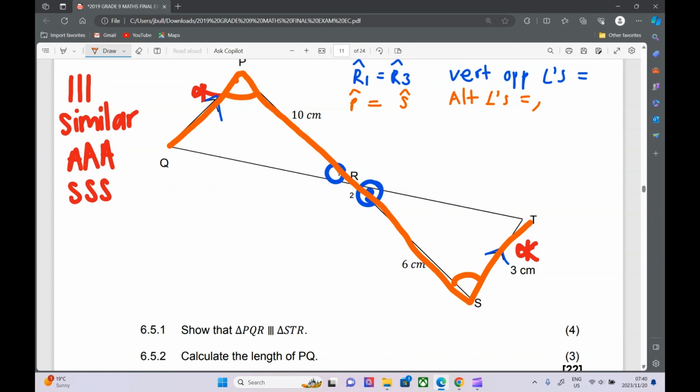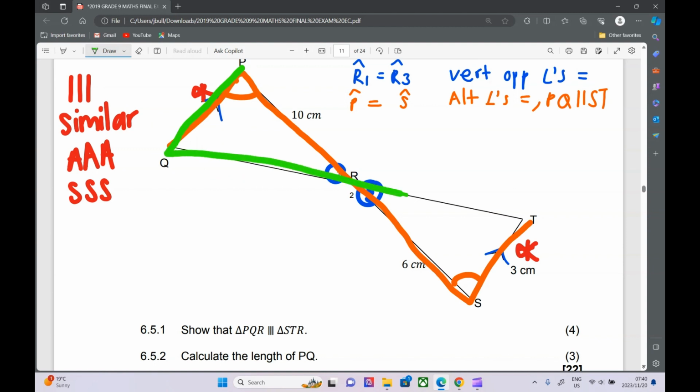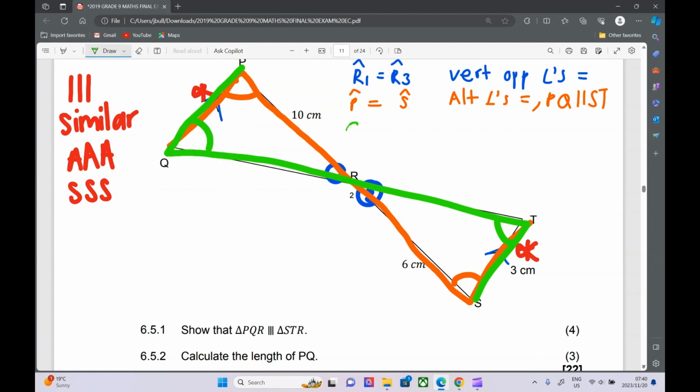Remember, you always have to give the line. So we can say PQ is parallel to ST. And then I can use alternating angles again, just in the opposite direction. So I could say then, angle Q is equal to angle T. Again, alternating angles, and again, it's the same lines that are parallel.